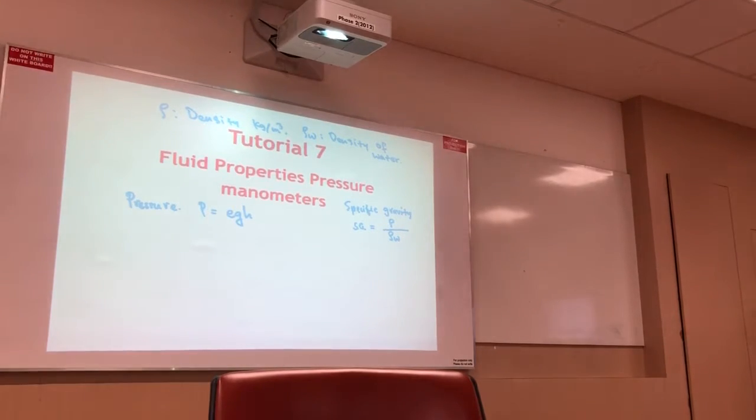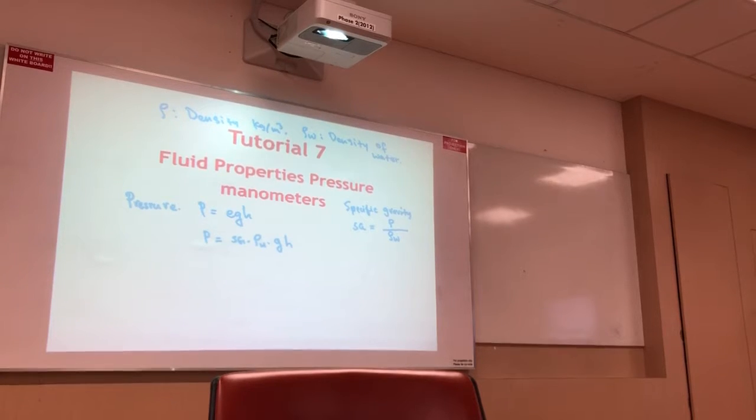So what can we write? Pressure we can express again by specific gravity times density of water times g and h. Okay, this is another equation. So in this tutorial, I am using this equation.